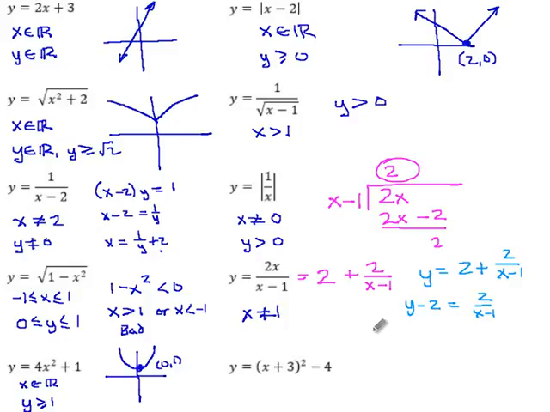Multiply both sides by x minus 1. Divide both sides by y minus 2, and add 1.